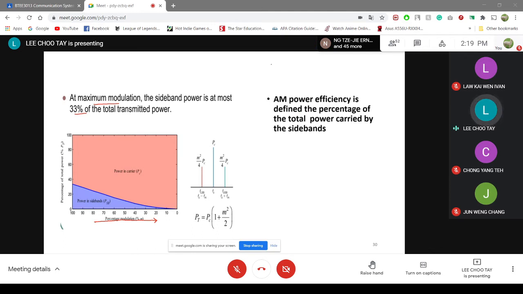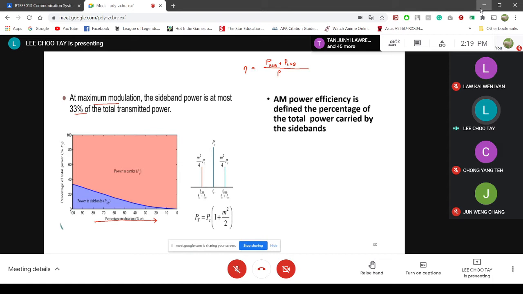So the efficiency, I'm going to use this symbol for efficiency, is the power in the upper sideband plus power in the lower sideband divided by the total power. And what is total power? Total power is power in the upper sideband plus power in the lower sideband plus the carrier power.